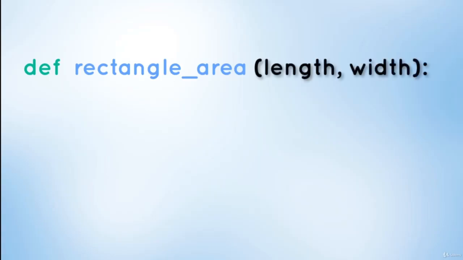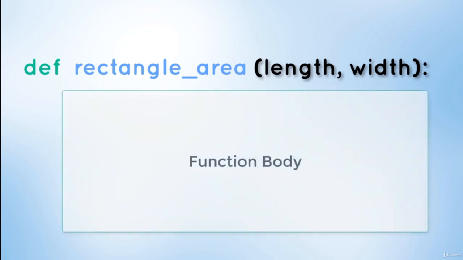The area is dependent on length and width, so immediately after the name, you would put parentheses that include these arguments, length and width. The arguments are passed in as the function is called, where they can then be used inside of the body of the function.